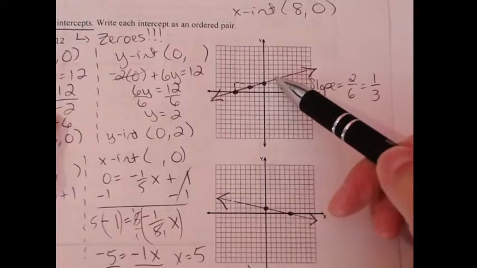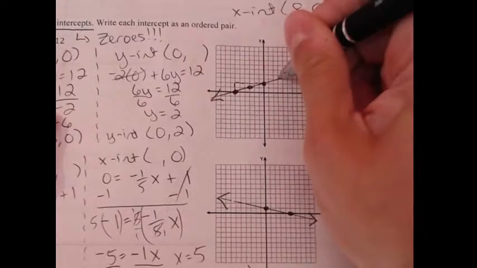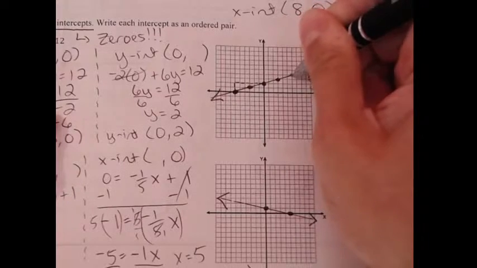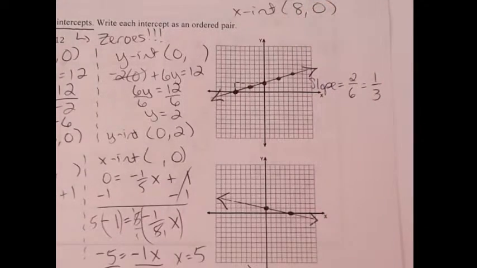Rise 1, run 1, 2, 3. I'm on the line. So every time I do this, I find yet another point on that line by simply applying the slope. And we could do that an infinite number of times. I like to move from integer coordinates to integer coordinates so that it's easier to plot these points.